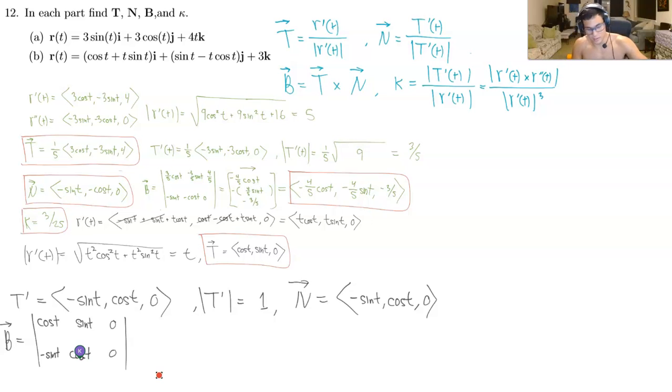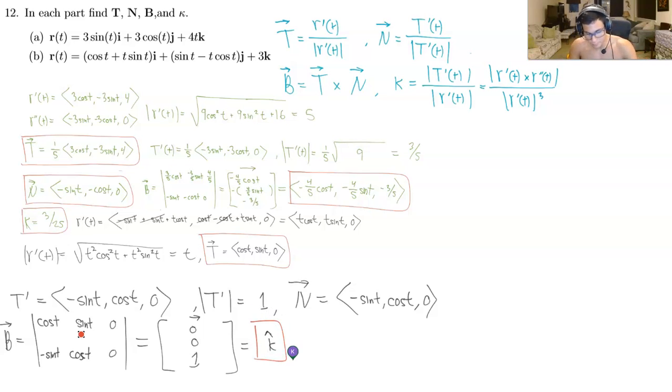I have a good feeling that this is going to work out to something really nice. 0, 0. So let's do the vector setup again. 0, 0, 0, 0. Please, please just be 1. Oh, look at that, it's 1. It's literally just 1. Or you could write it as k hat. That's your binormal vector. Just works out to that.